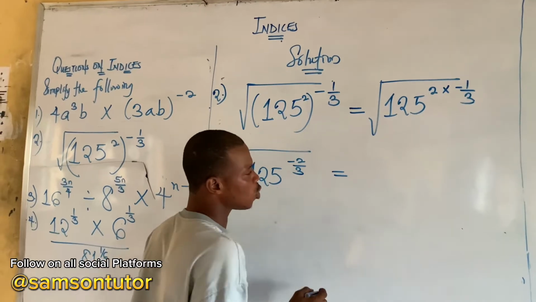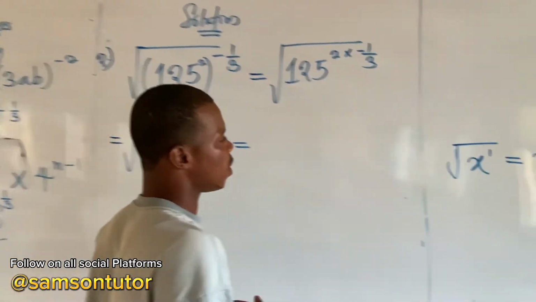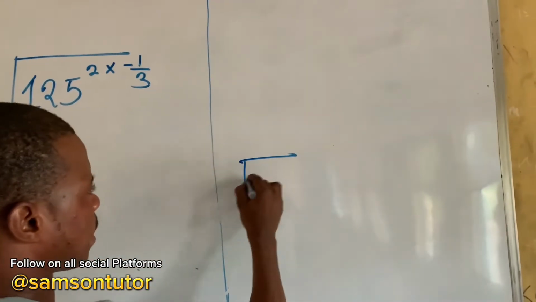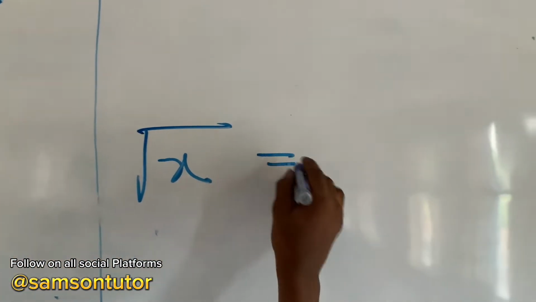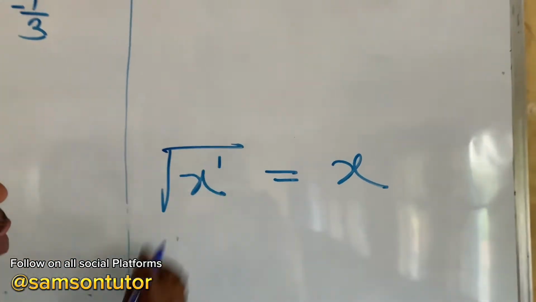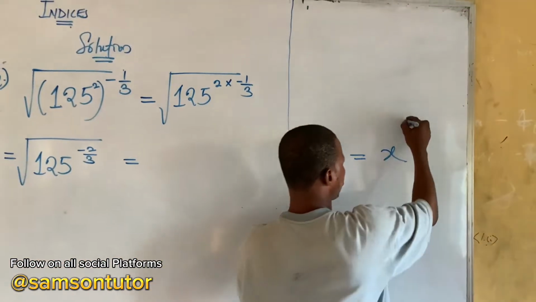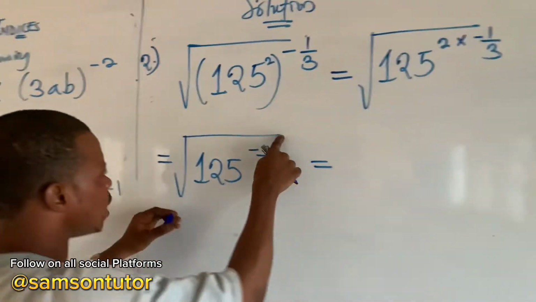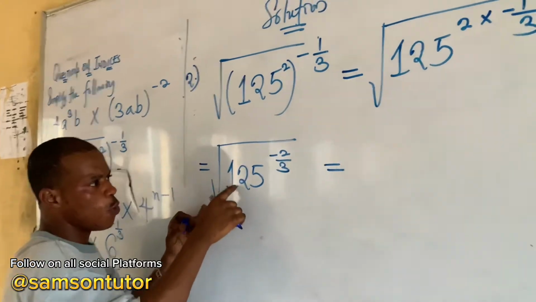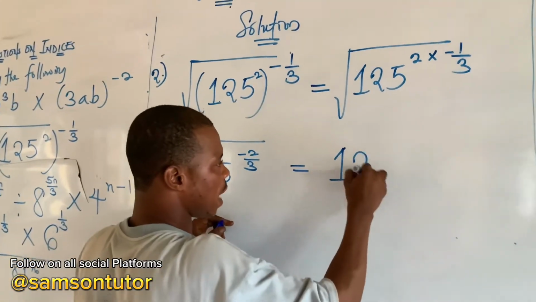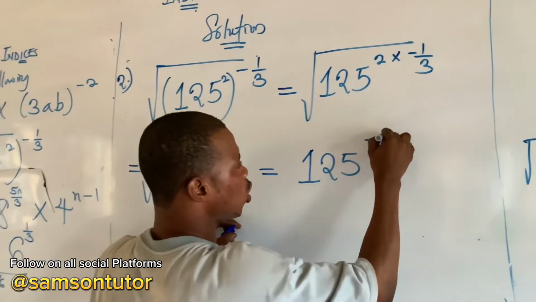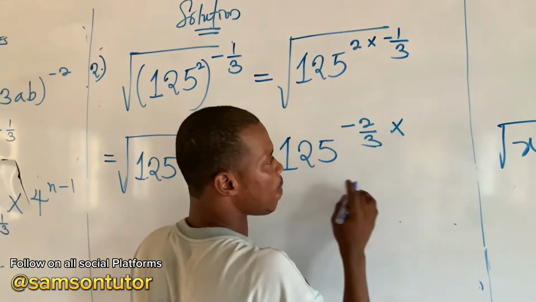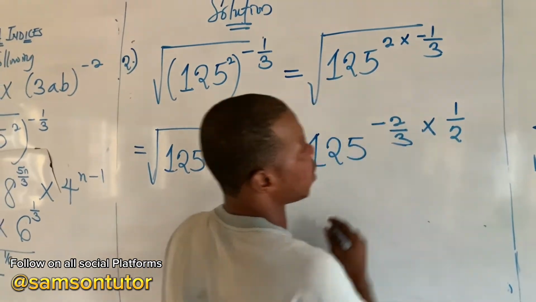And I told you something earlier, that whenever we have the square root of x, it implies x raised to power, there's an invisible one here, x raised to power 1 over 2. So from the hint which I gave, the square root of this will become 125 raised to power minus 2 all over 3, and these roots will now become 1 over 2 as the power.